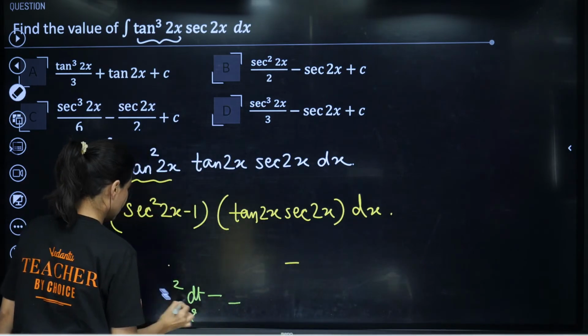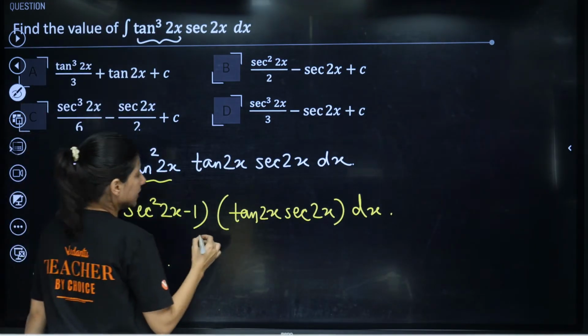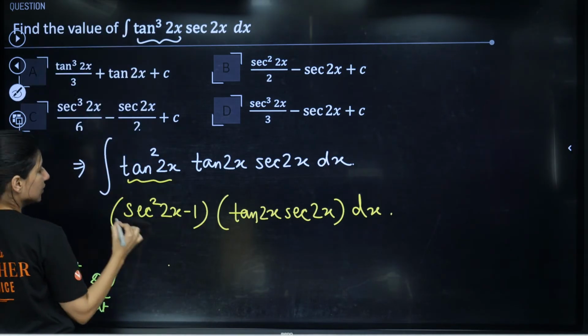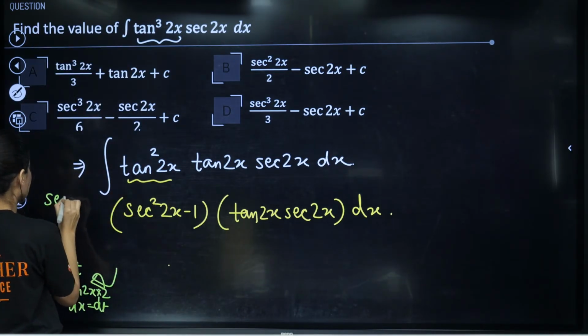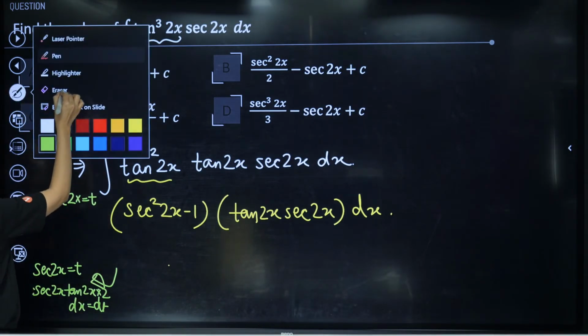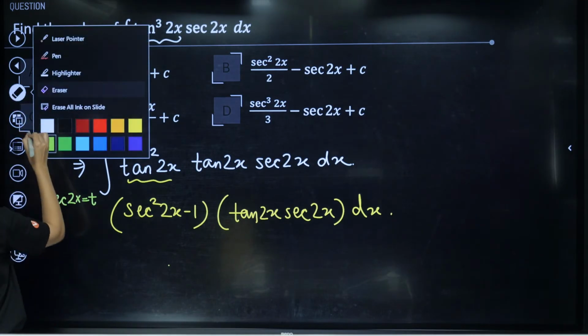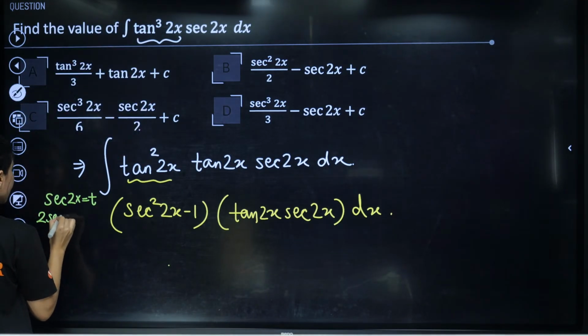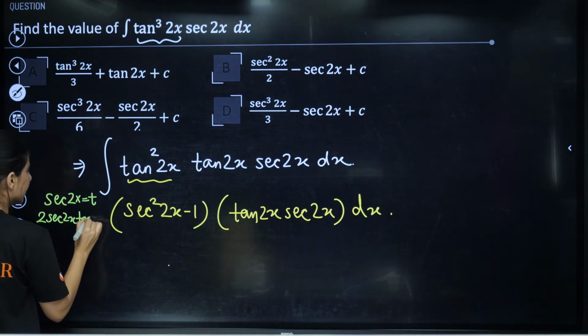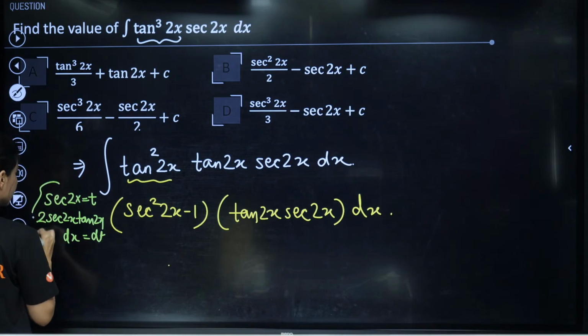What we need to do is just put sec 2x is equal to t. So 2 sec 2x tan 2x dx will become dt.